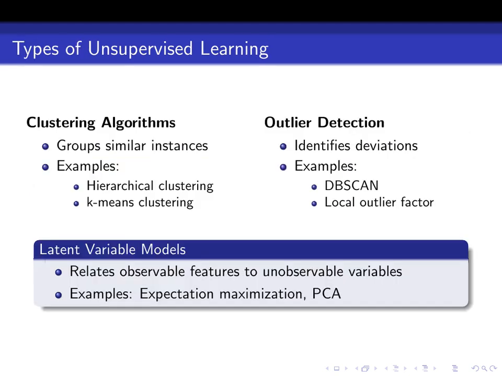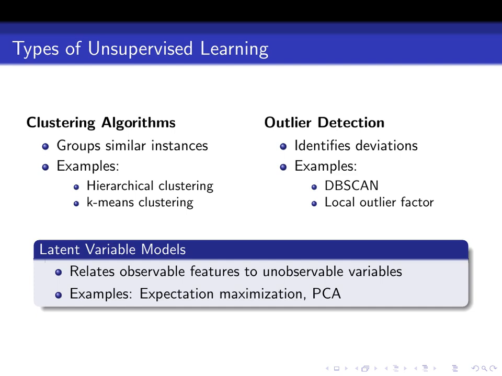Now, let's break down the main types of unsupervised learning algorithms. We have three primary categories. First, clustering algorithms, which are designed to group similar instances together. Common examples include hierarchical clustering and k-means clustering.